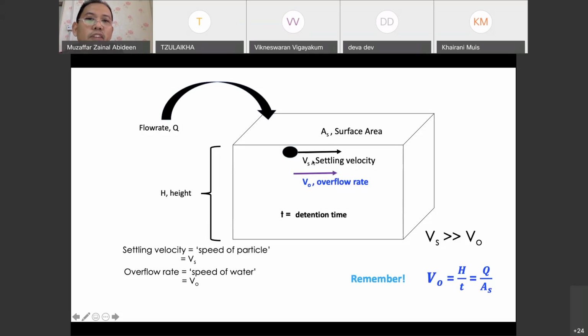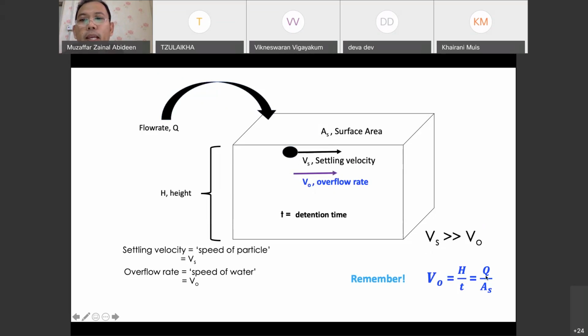We label it as Vs, or settling velocity. And also, not only the particles are traveling in the sedimentation tank, we also have water traveling in the sedimentation tank. So it is known as V naught, or overflow rate. I mentioned to you that the Vs has got to be very, very big compared to the V naught, in order for us to have a successful sedimentation process.